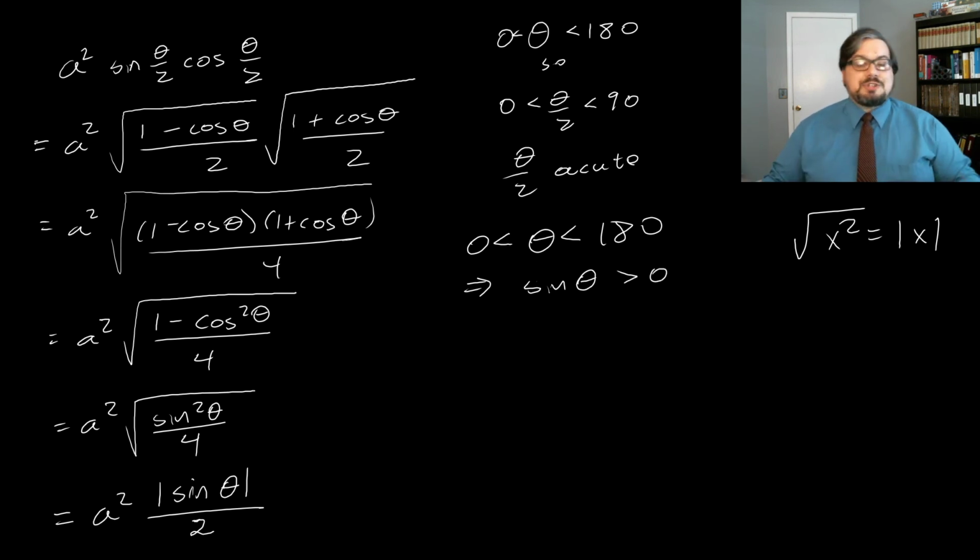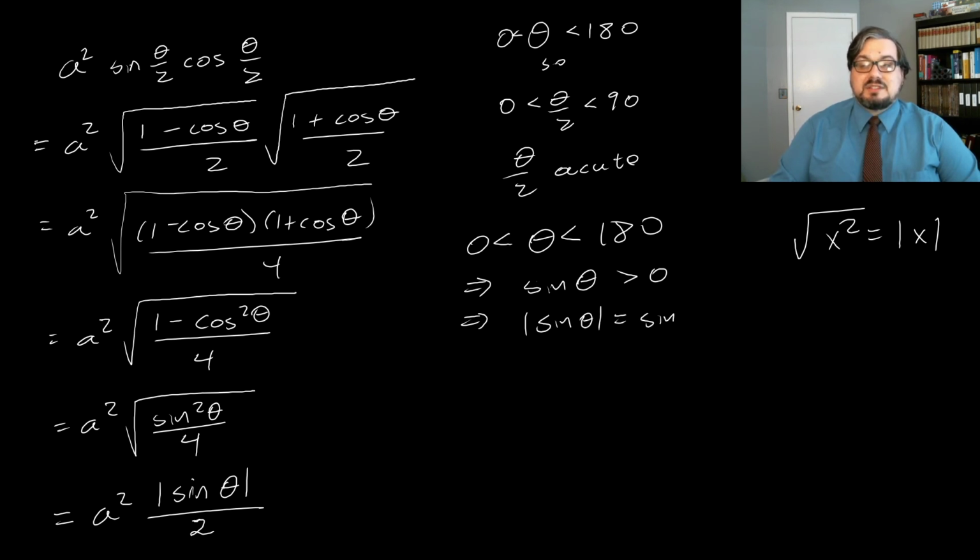We don't know about cosine. Cosine of theta could be positive or negative, but sine of theta is positive because sine is positive in quadrants 1 and 2, where theta has to live. And so that means that the absolute value of sine theta is just sine theta itself.